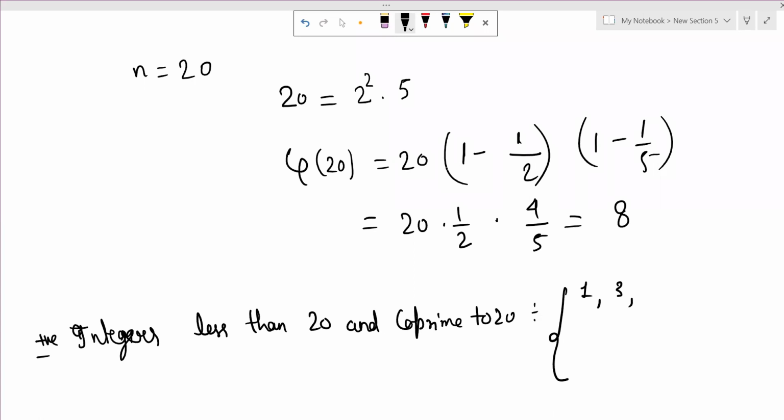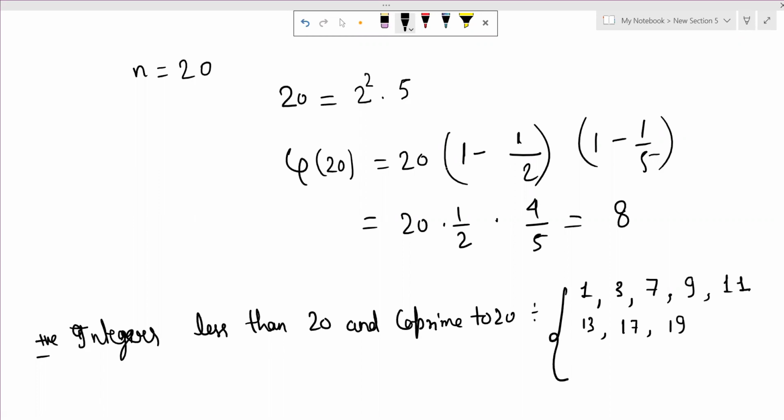No, 2 and 20 have GCD 2. 5 and 20 have GCD 5. So 1, 3, 7, 9, 11, 13, 17, 19.